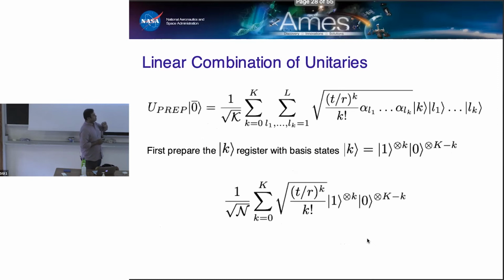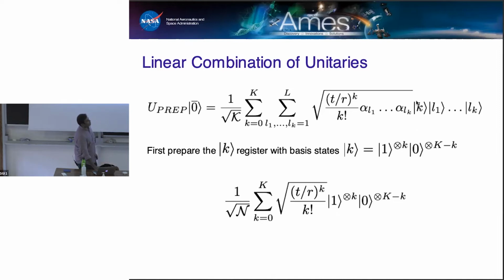It needs to prepare this weird superposition, which involves both the K register as well as these L registers. Notice that for now, I'm truncating this register to small k, where small k goes from 0 through big K. That's not actually how we're going to implement it, but it's a midway jump from the actual Taylor series expansion to something that I can put on a quantum computer.